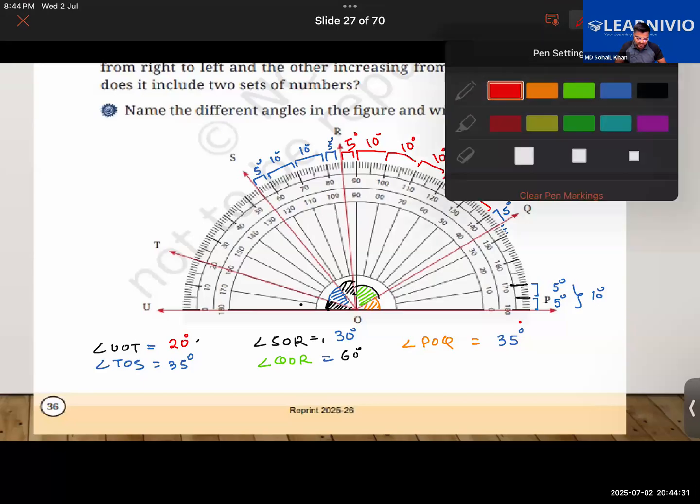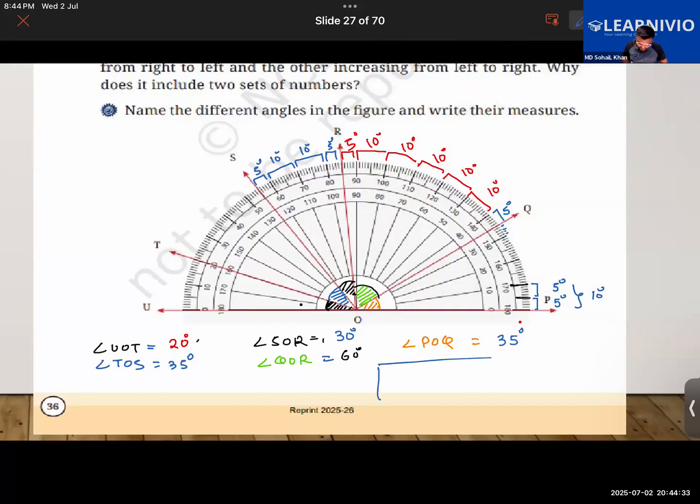If you were to name them, let us name the other angles also. Other angles observed here are as follows. Starting from this side, let us first name this one. So that is going to be angle ROP, right? Angle ROP. Next, ROT.